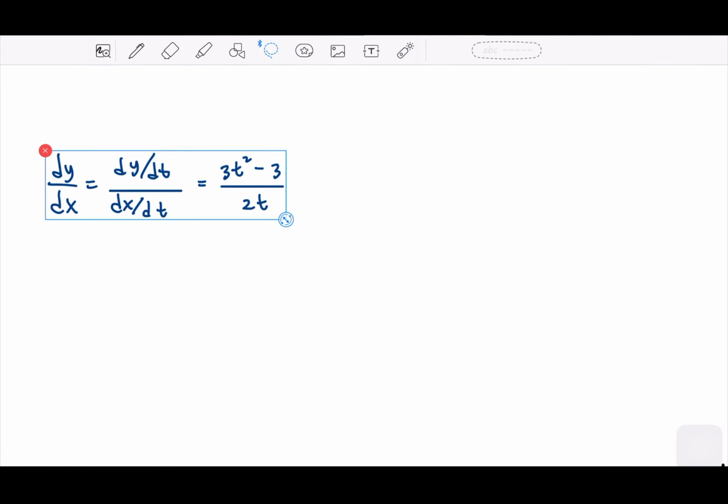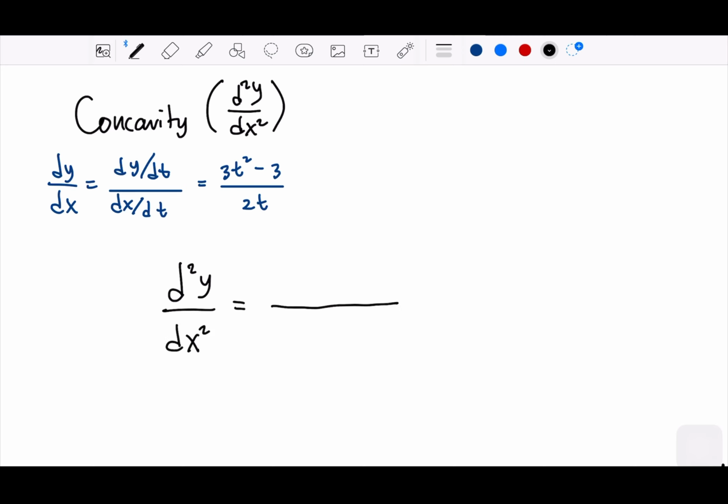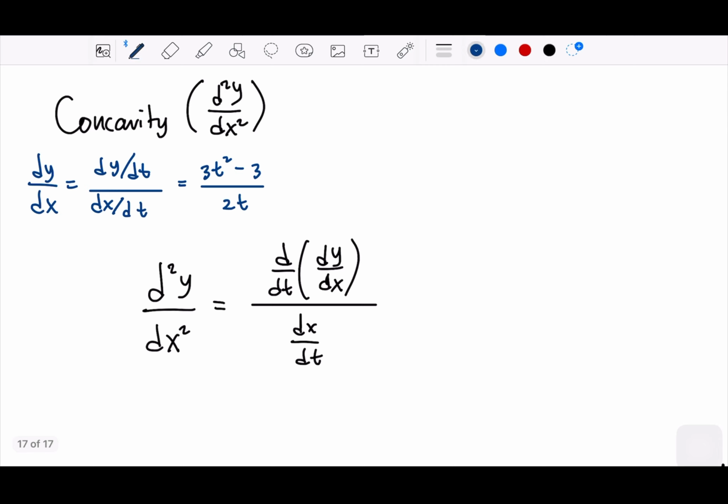So we are going to find the concavity, or the second derivative. So we get that dy over dx is this. And then the second derivative, let me write the structure.